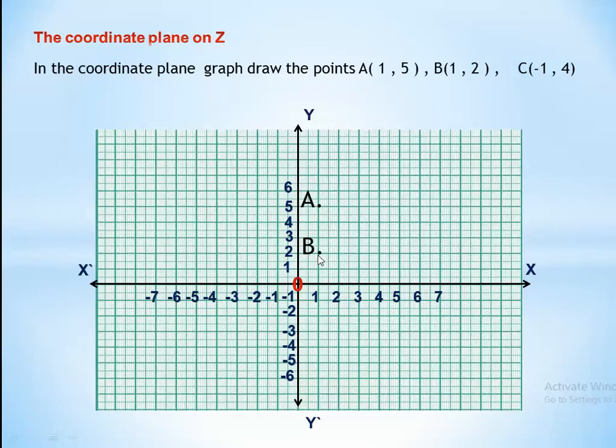Locate point B. Letter C, negative 1 and 4. So locate point C. Then join A and B and C.